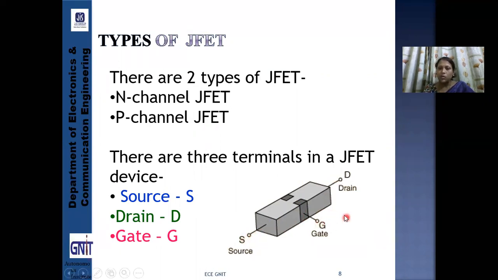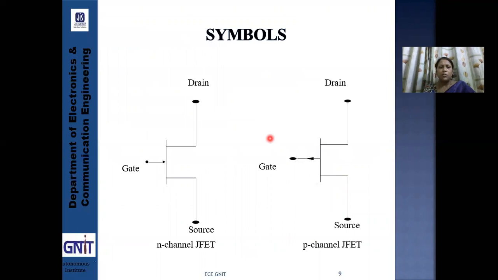Again, source, drain, and gate. This is the symbol of N-channel JFET and P-channel JFET. In N-channel JFET, you see, in the gate terminal the arrow is inward, whereas in P-channel JFET, in the gate terminal the arrow is outward.